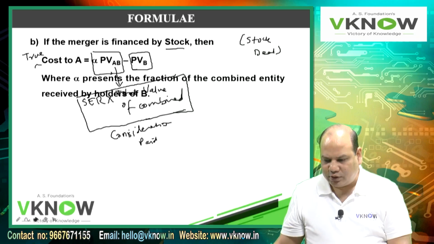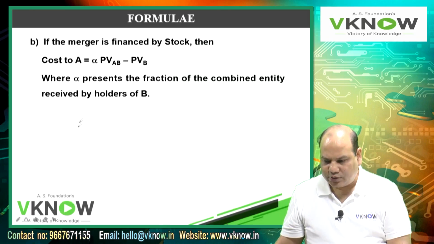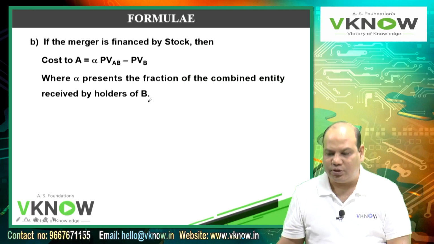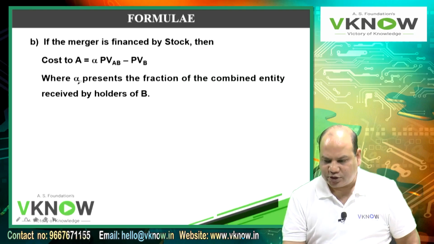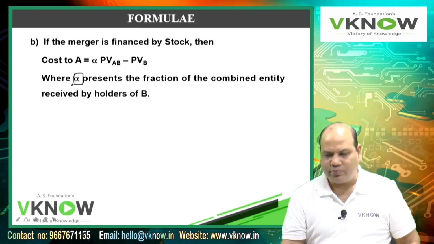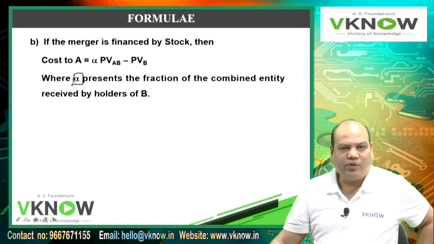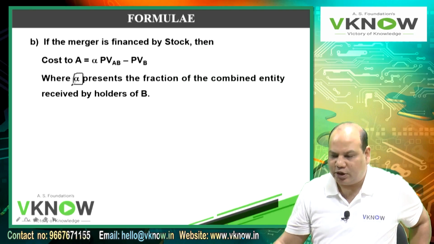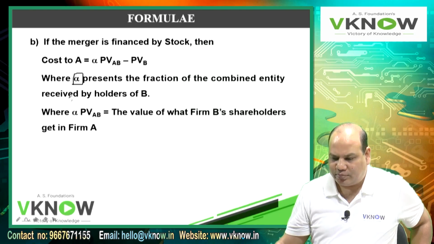So what is alpha? Alpha represents the fraction of the combined entity received by the holders of B. That is their proportionate stake, or ownership position. The words we have used in this chapter are ownership position or percentage holding of the target company.